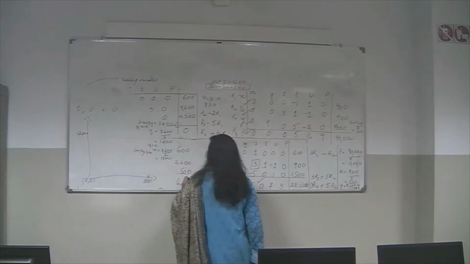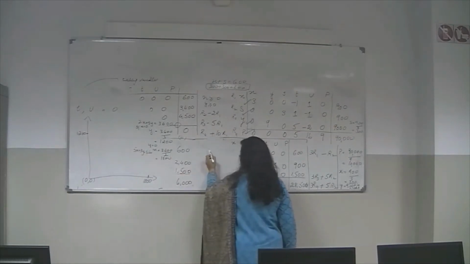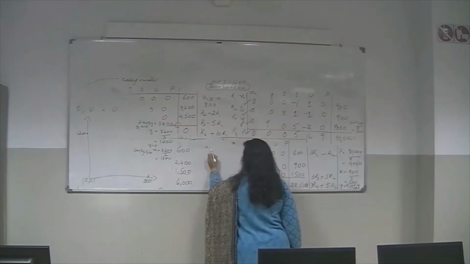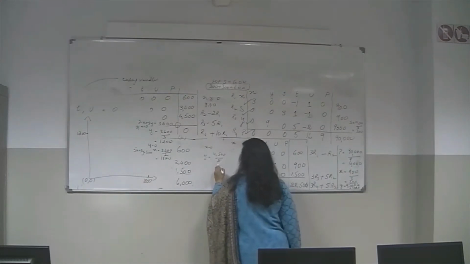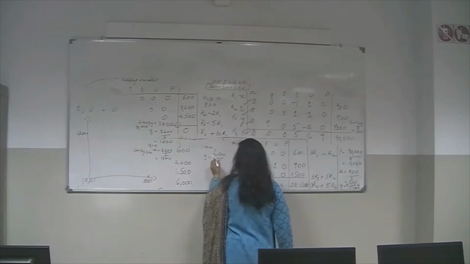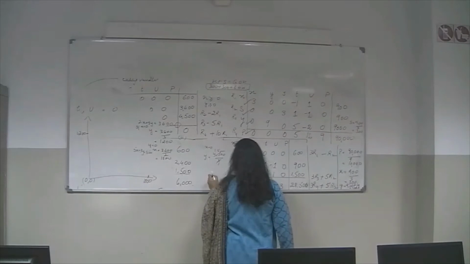So in this case, as you can see, if we keep x equal to 0, then 4500 by 3, y is 3 ones are 3, so 1500 basically. So y is 1500.